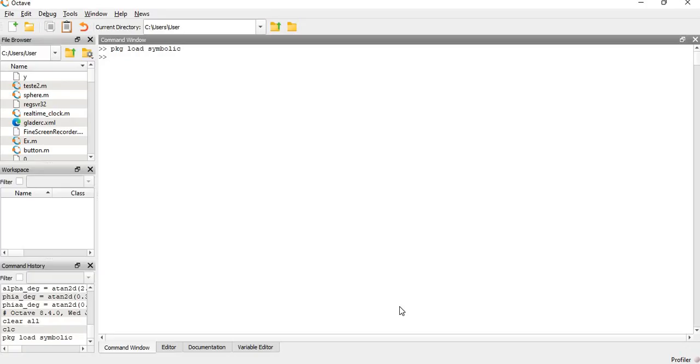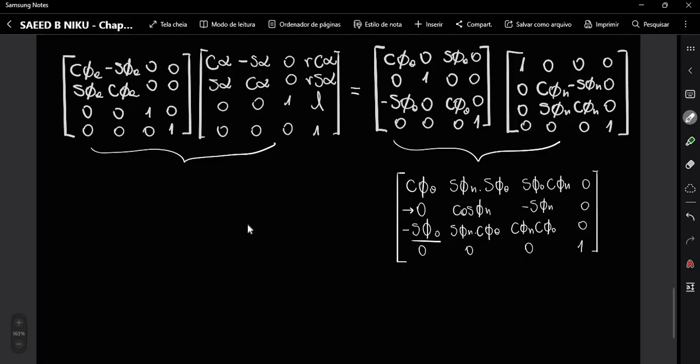Now we need to pass the parameters. First type syms. Now the names of the parameters that we will use in the matrices are phi A, phi O, phi N. Let's see what else.